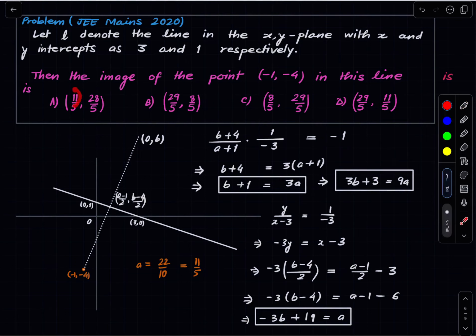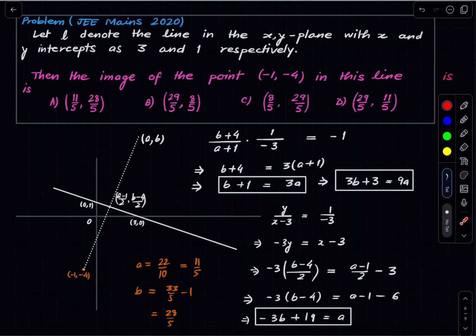Is that there in the options? Yeah, it is there, at least here. What do we get for b? Just using this, b would be 3 times 11 by 5 minus 1. That's 33 by 5 minus 1, which is 28 by 5. So yes, option A matches, and that's the answer.